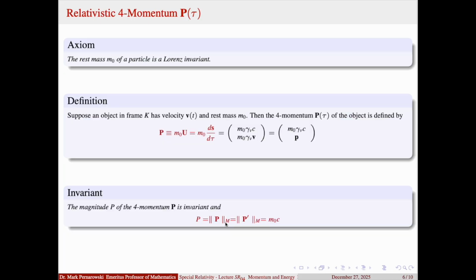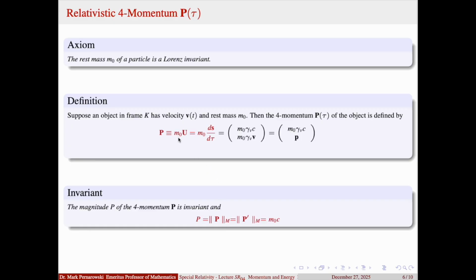Let's go to the more modern approach. The more modern approach is to use something called relativistic four momentum. Well, we had three velocities and we have four velocities. So in a very, very parallel manner, we'll have three momenta and we'll have four momenta. Four momentum is going to be defined to be a momentum in four-dimensional spacetime, in particular, in Minkowski spacetime.